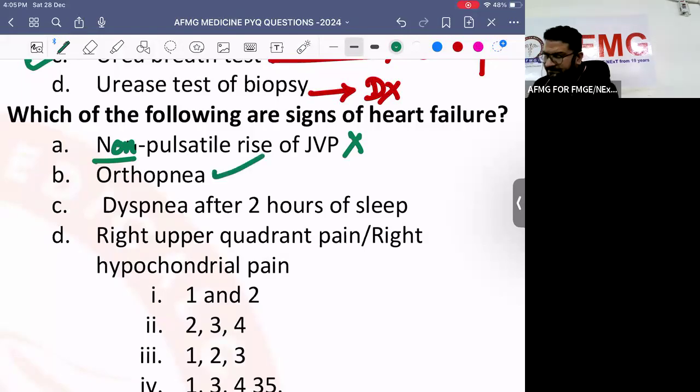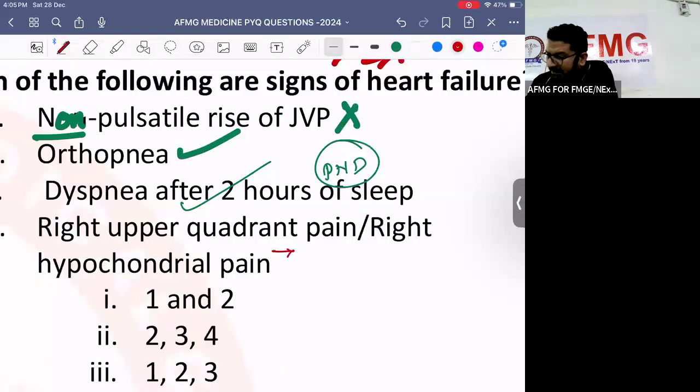Will orthopnea be there? Yes. Dyspnea after 2 hours of sleep, what do we call this? PND. Is PND a sign? Yes. Will right upper quadrant pain be there? Tell me. Is it a sign or not? There is pain here. We call this congestive and tender hepatomegaly.